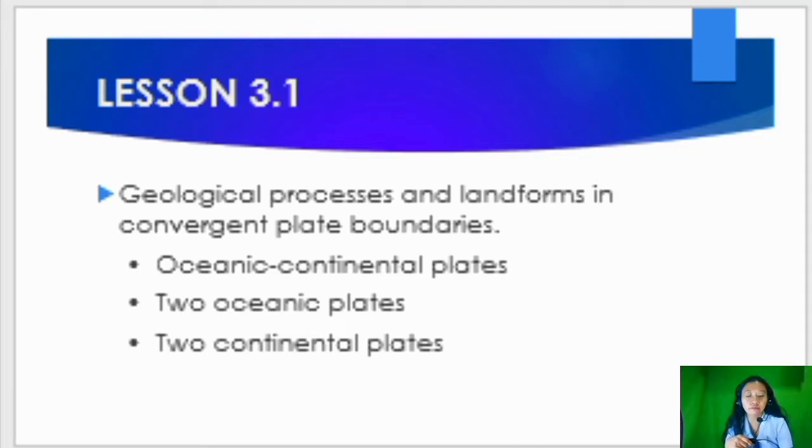We have three types of convergent plate boundary here: the oceanic-continental plates, the two oceanic plates, and the two continental plates. So, that is for lesson 3.1.